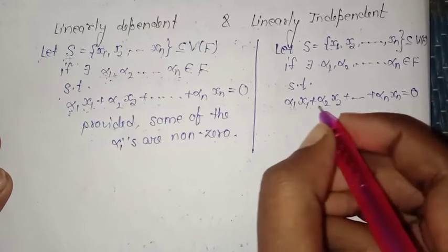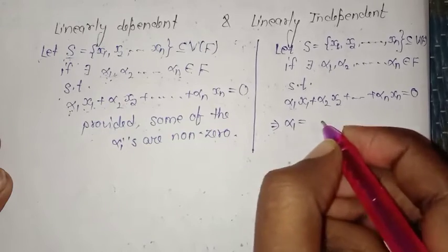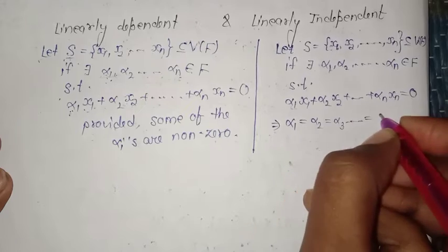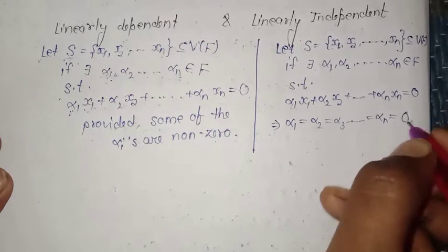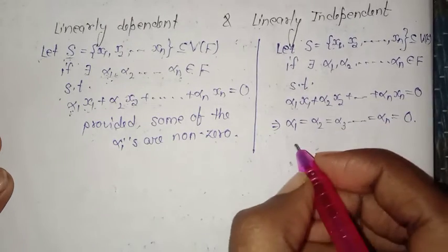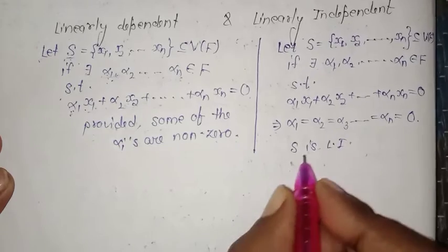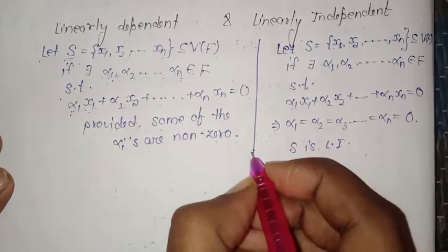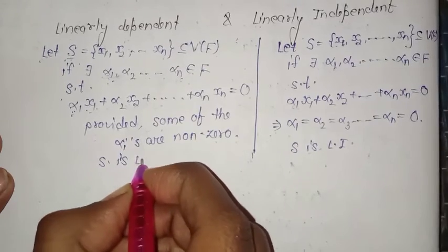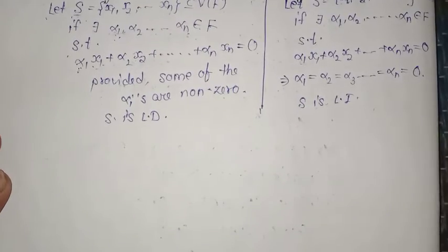But here all the scalars must be 0, that is alpha 1 equals alpha 2 equals alpha 3 and so on equals alpha n equals 0. If this condition holds, then we call S LI, that is S is linearly independent, and otherwise it is called S is LD, that is linearly dependent. So I hope the definition is clear to all of you.